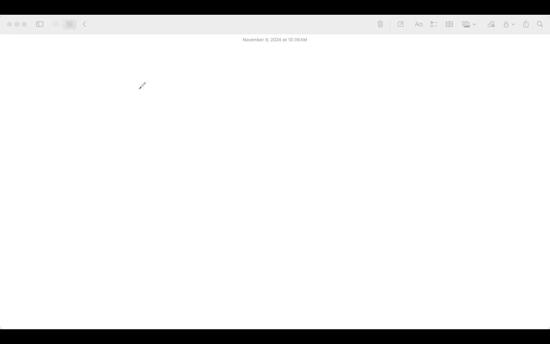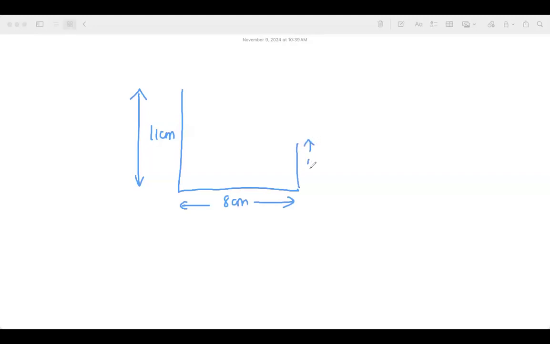Let me see this one. This is 11 centimeter. You're going to do similar problems at home. So if you don't listen in the class, you're not going to do the homework correctly. Now, what is the perimeter of the figure?